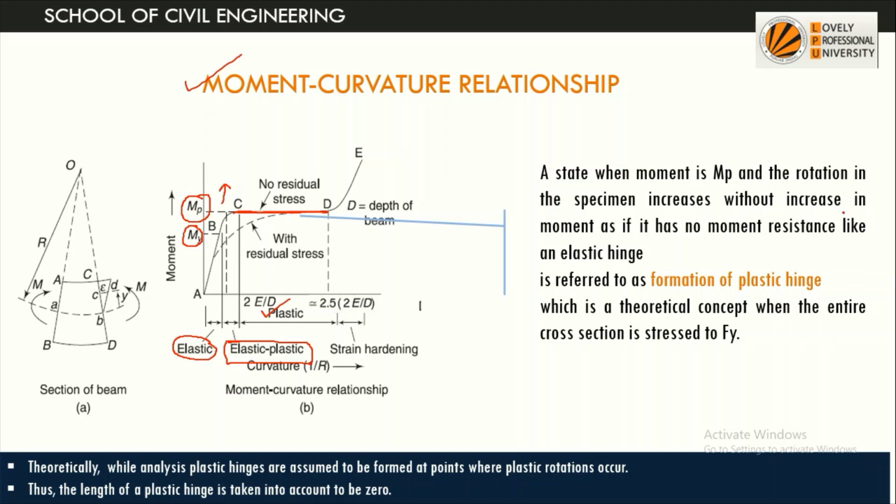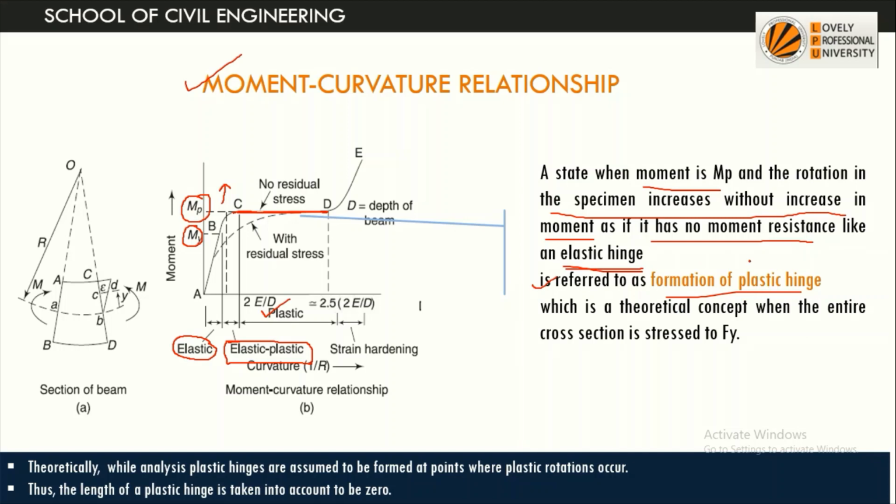So I will read it out. A state when moment is Mp and the rotation of the specimen increases without increase in the moment, as if it has no moment of resistance, like an elastic hinge. So an elastic hinge will not resist any moment, it will rotate.